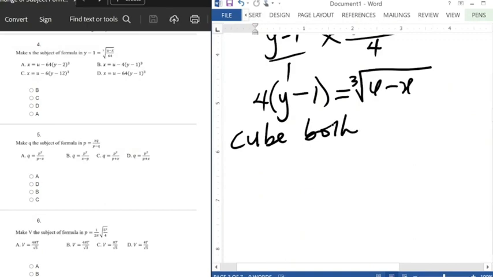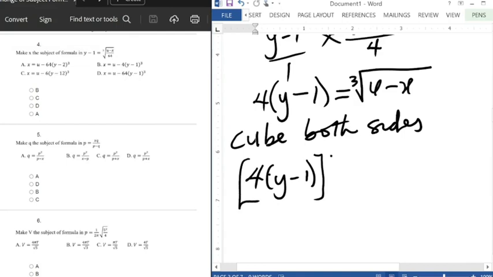So that means we're going to have 4 into bracket y minus 1, everything cubed, equals cube root u minus x. We cube this as well.